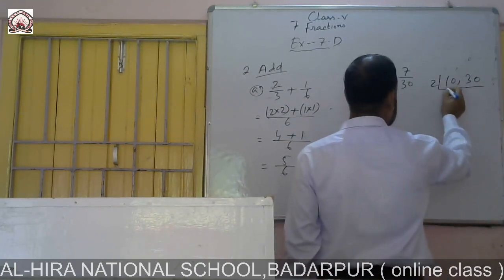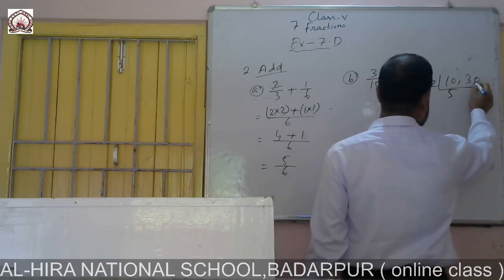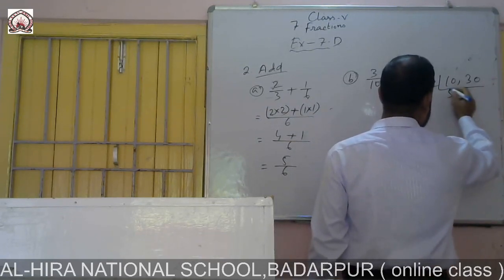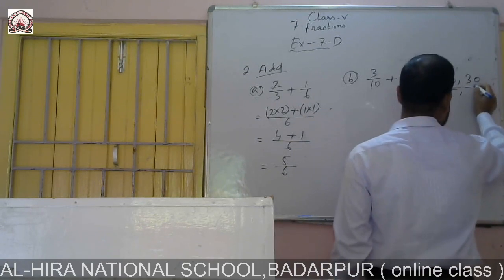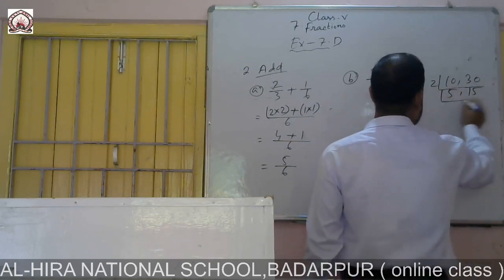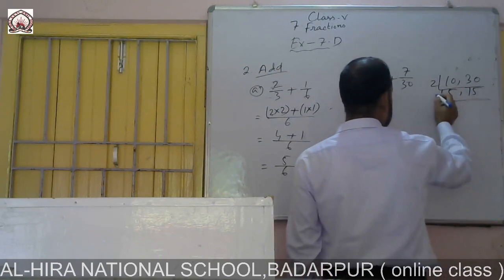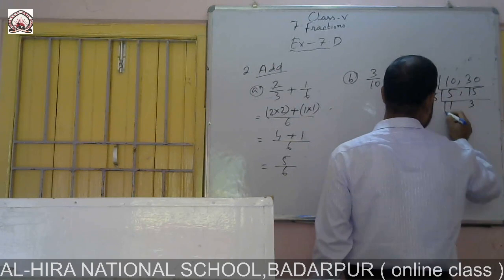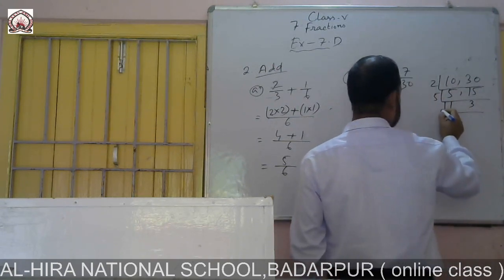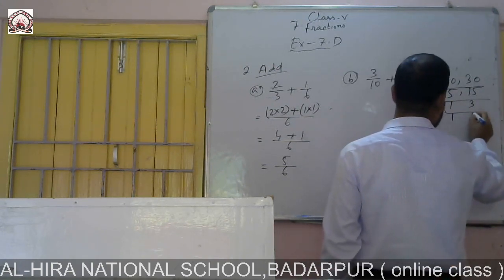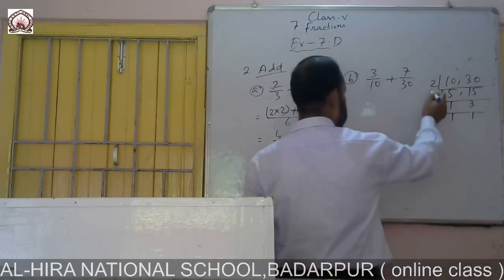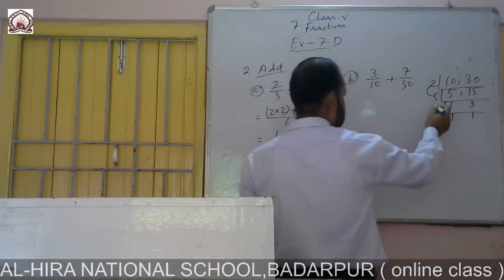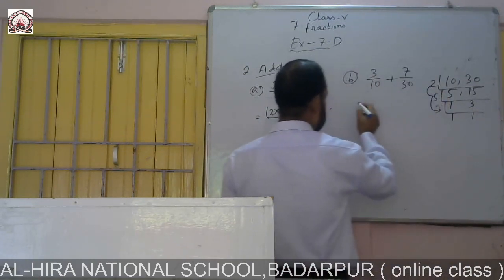By 2, 5 twos are 10 and 2 15s are 30. Now by 5, 1 is 5 and 5 3s are 15, and by 3, 1 1. So LCM is 2 5s are 10 and 10 3s are 30.